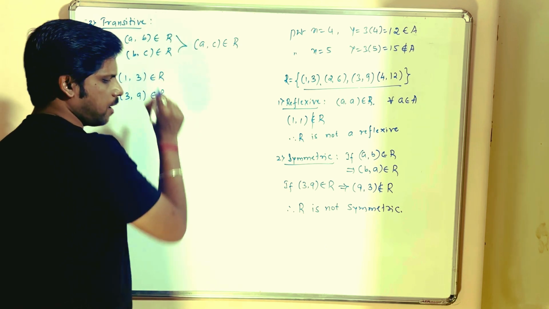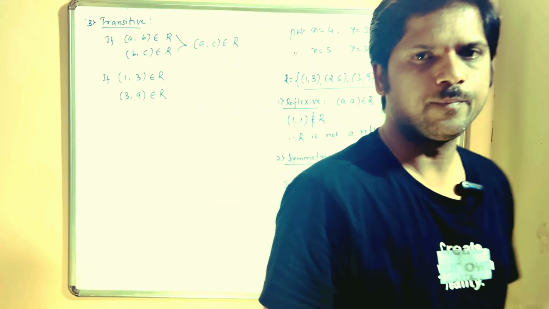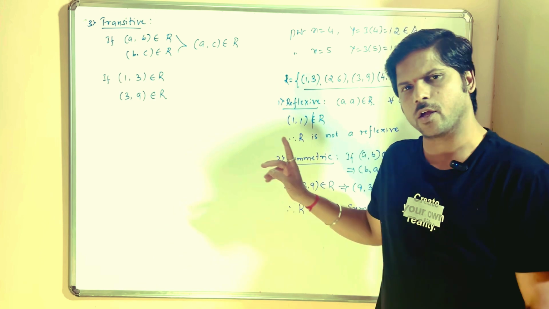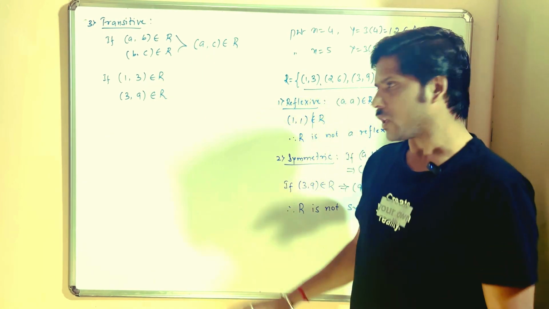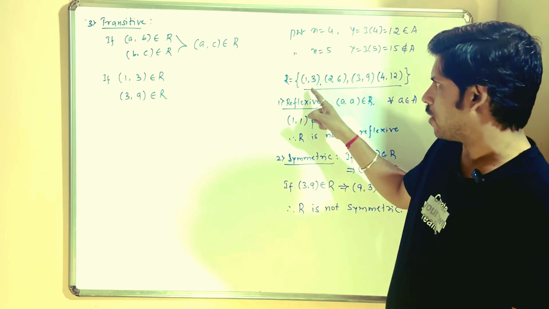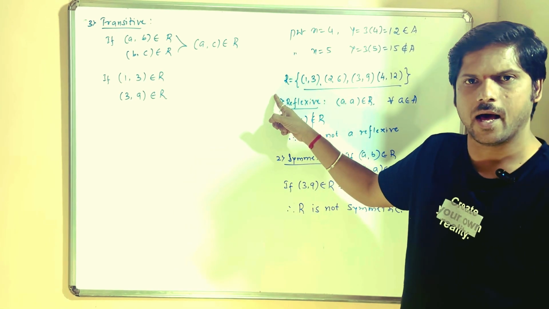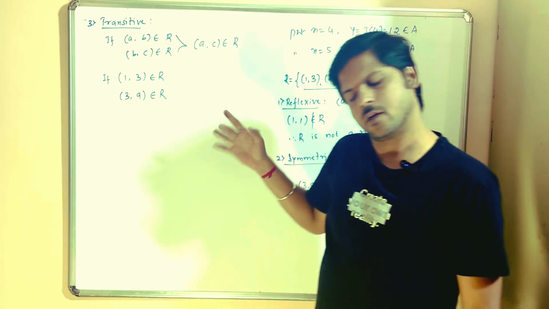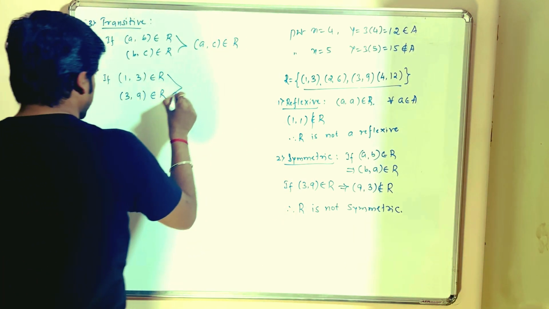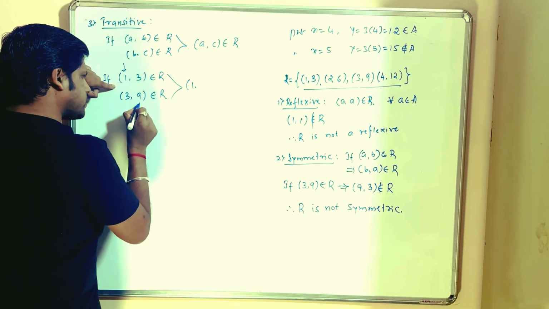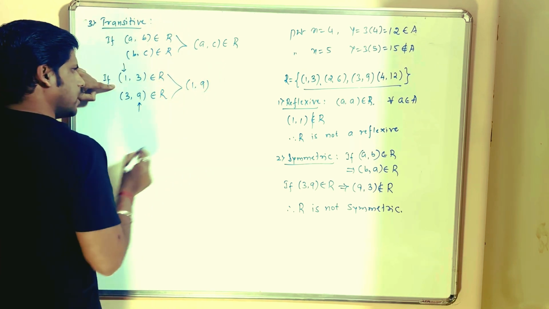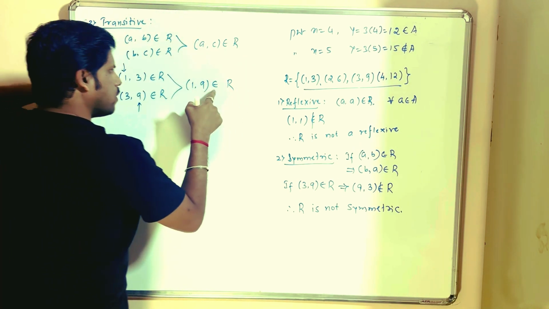There is no other chance; whatever else you take, it will not work. So I have only one ordered pair, that is 3 comma 9, and I have taken it. These two both belong to the relation R. So then what should the answer be? In place of A we have 1, in place of C we have 9. So whether 1 comma 9 belongs to R?